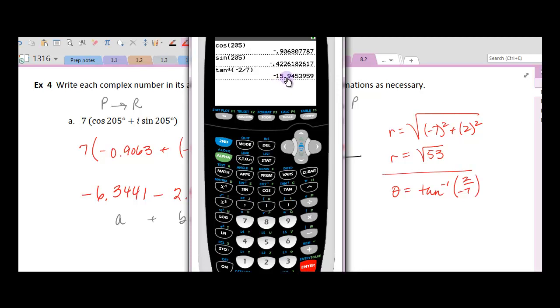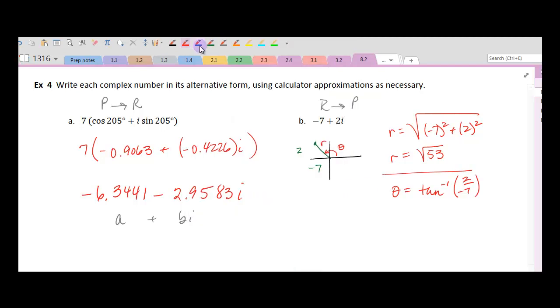Now hold on before we put that value down. When I take the inverse tangent on my calculator, it should return a value for tangent in which quadrant? Think about that for just a second. So what happened? The calculator returned this angle right here, which is negative 15 point something or other, 0.95.